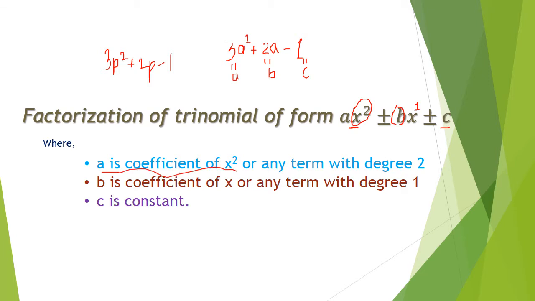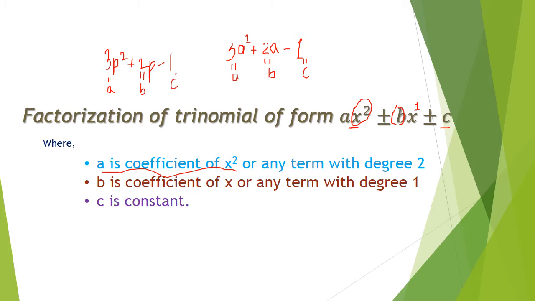So here also you have to assume that these are dummy variables. They can be x also, they can be a also, they can be b also. So the value of a here also will be 3, the value of b will be 2, and the value of c will be minus 1.